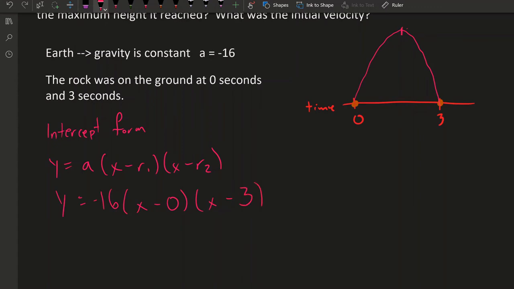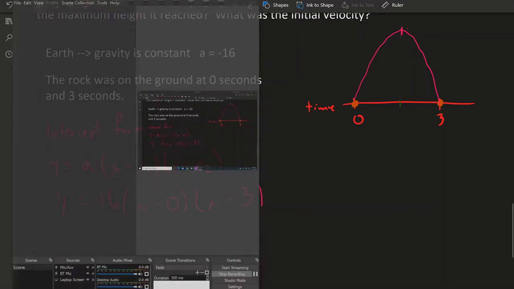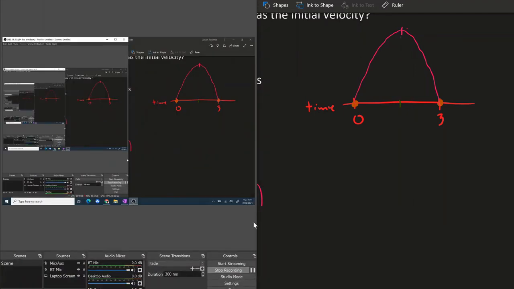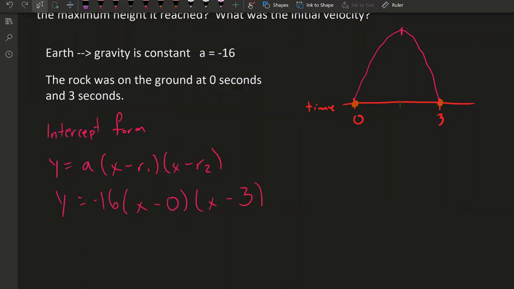So the axis of symmetry is directly in between these 2 points, right here. And the vertex is on the axis of symmetry. Now, a lot of us can look at this 0 and 3 and say, oh, obviously this is 1.5 seconds.